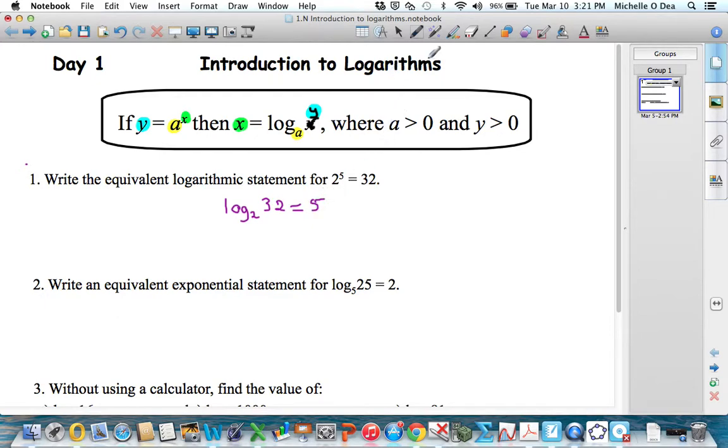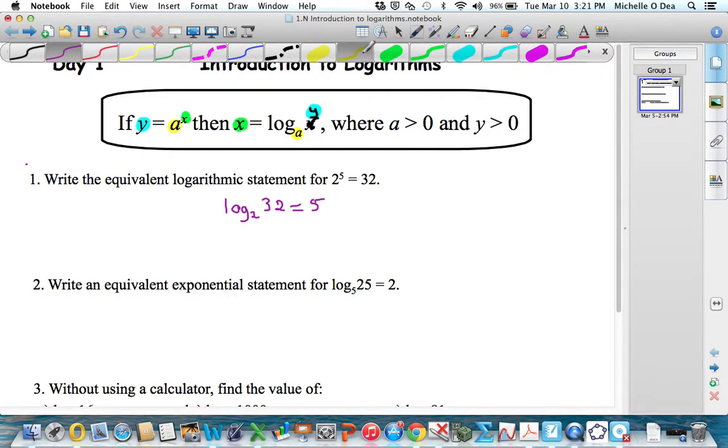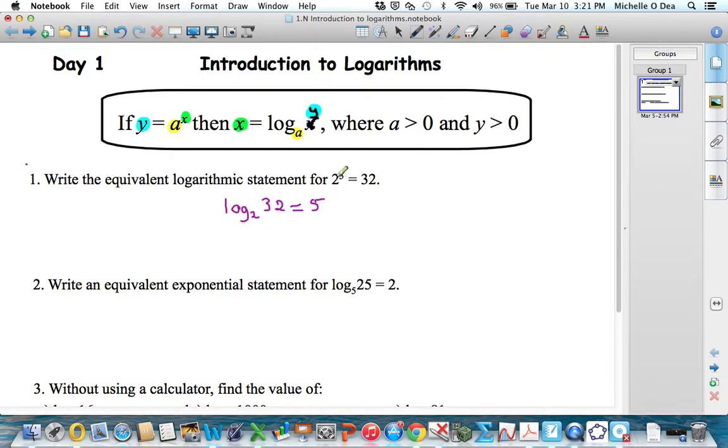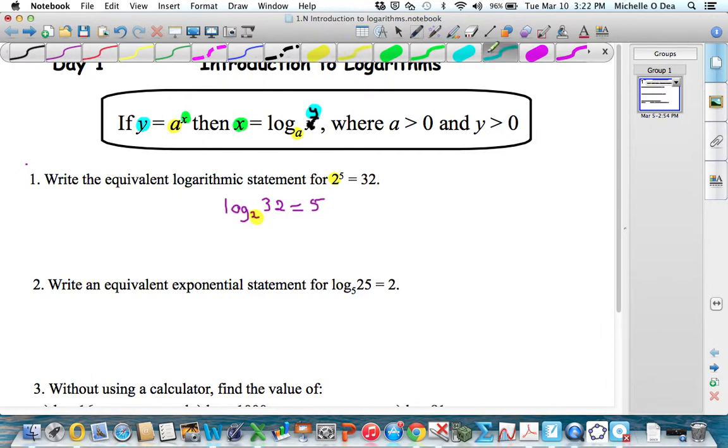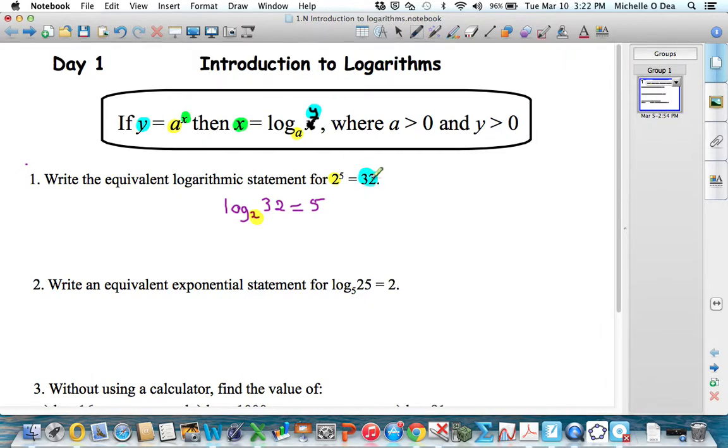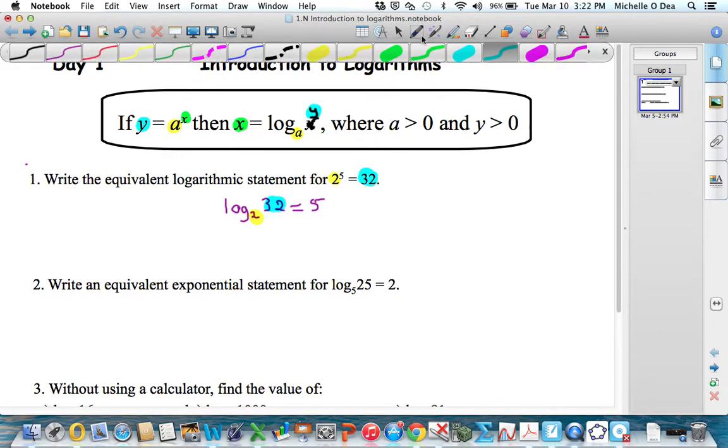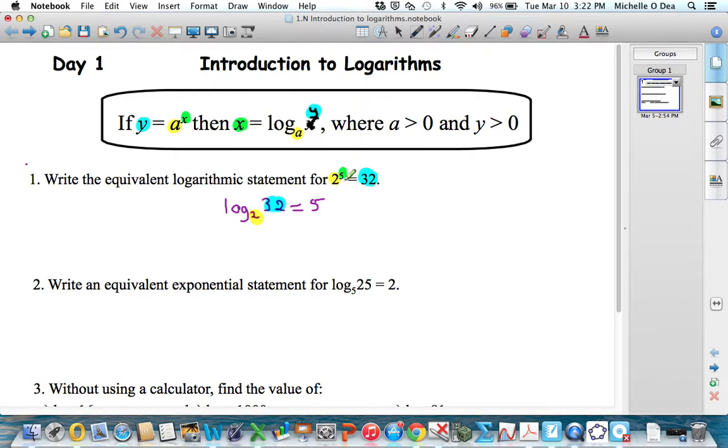So just going over that again, if I use the colors, the base of the exponential becomes the base of the log. The answer of the exponential, in this case 32, is what we take the log of. And then finally, whatever the power was becomes the answer of the log.